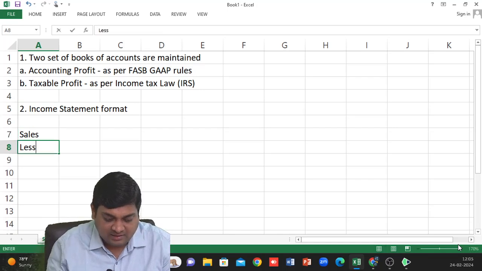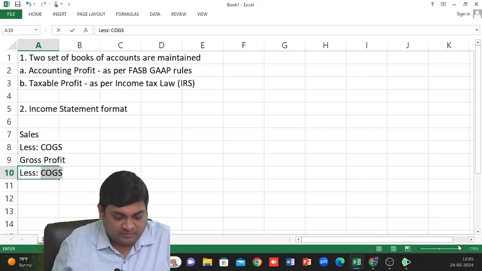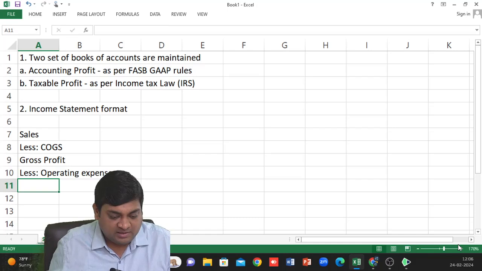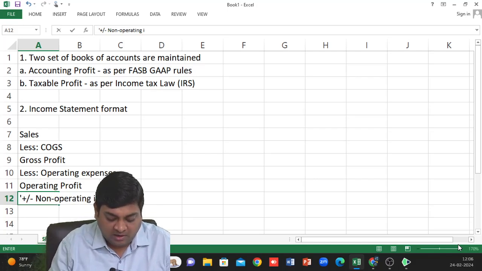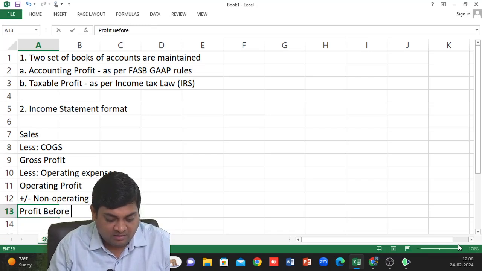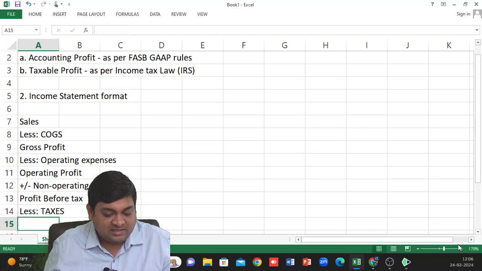we have sales less COGS is gross profit, less operating expenses, we get operating profit, plus or minus non-operating income or expense, we get profit before tax, less taxes.